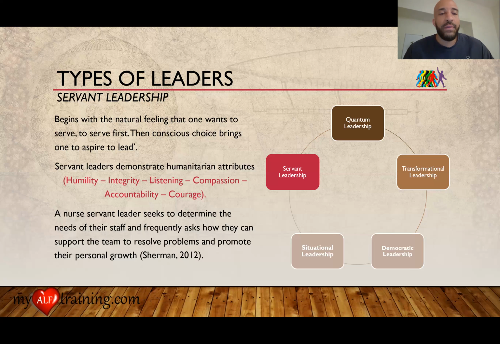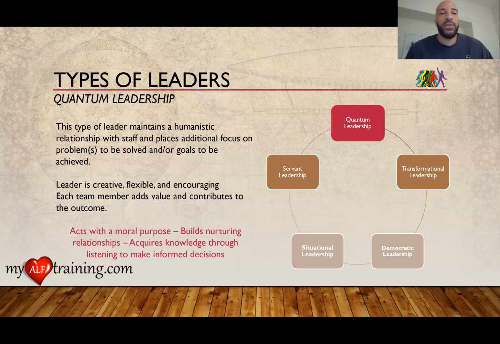But a servant leader, this is someone who wants to lead, who is good at listening, who takes accountability, who is courageous, and who has a strong sense to interact and find out what the team needs help with and to resolve those needs. So that is servant leadership. Now, quantum leadership.